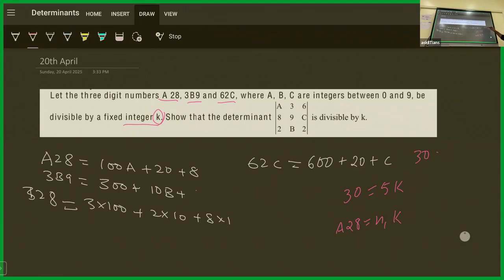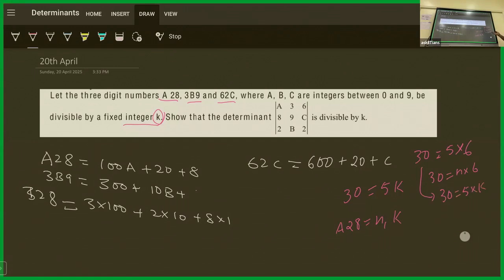So we can write 5 multiplied by some integer, that is 6. 5 into 6 is 30. Now this whole thing I can also write like this: 30 is equal to n multiplied by 6, where n is some integer. Yes or no? Or this I can write as 30 equals 5 multiplied by k, where k is some integer.